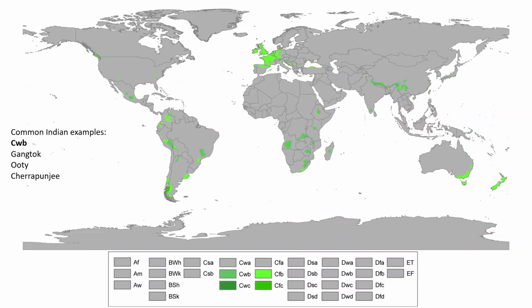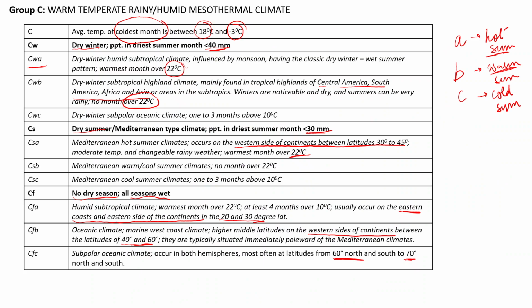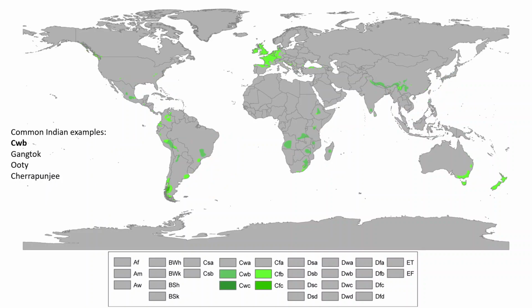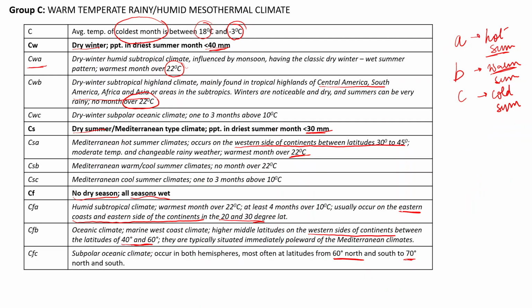Next is CWB. If you remember, the CWB type of climate was the warm temperate rainy season with dry winters and warm summers. As we had discussed, CWB is subtropical highland climate, and winters are noticeable and dry and summers can be very rainy.